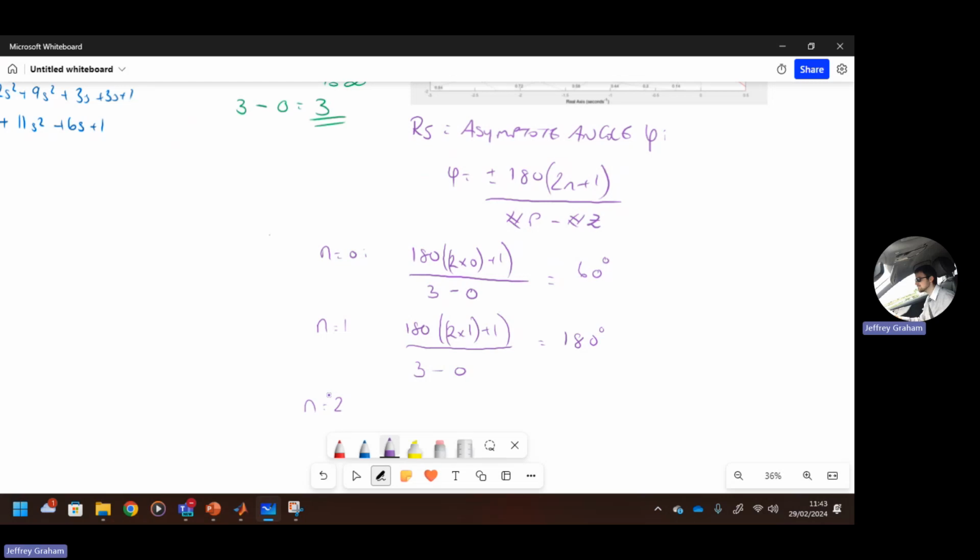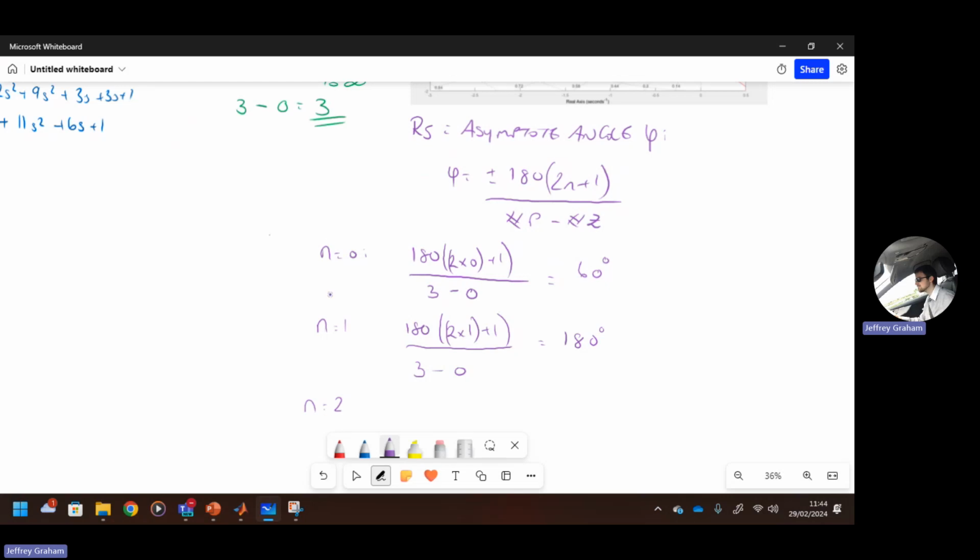If we did the next value of n, where n would be 3, it would go beyond 360 degrees and start at the next value where the pattern continues, which will be about 420. So you only need to do this formula as many times as you have branches.